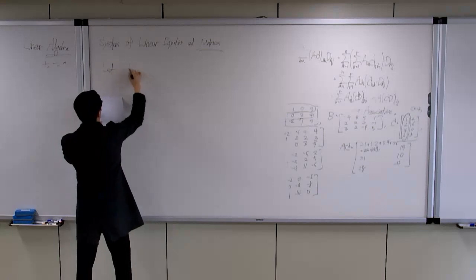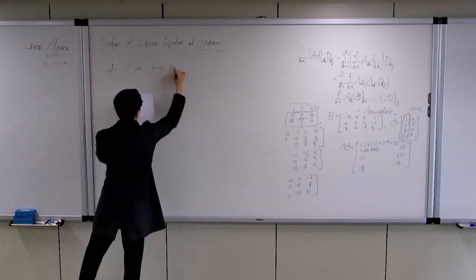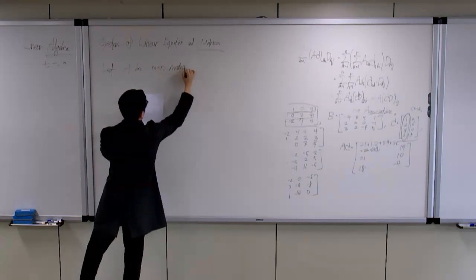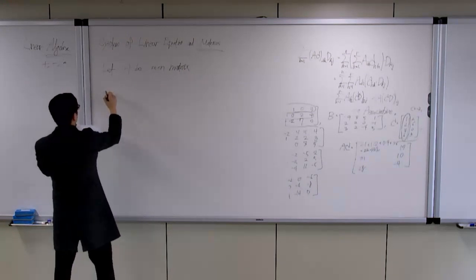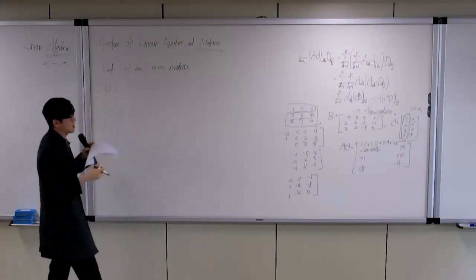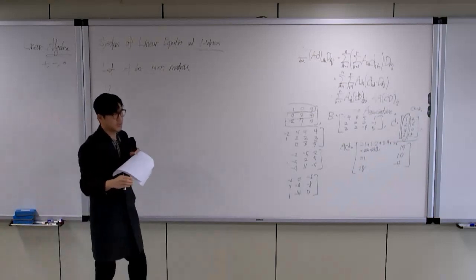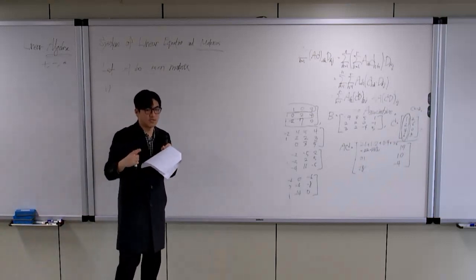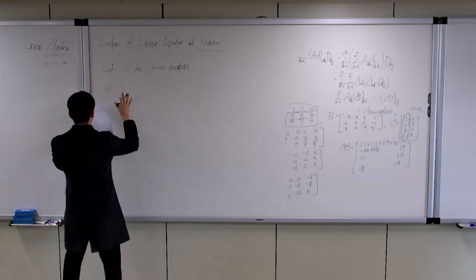Let A be an M by N matrix. If we divide the matrix into smaller matrices, then there are 3 types of partition.